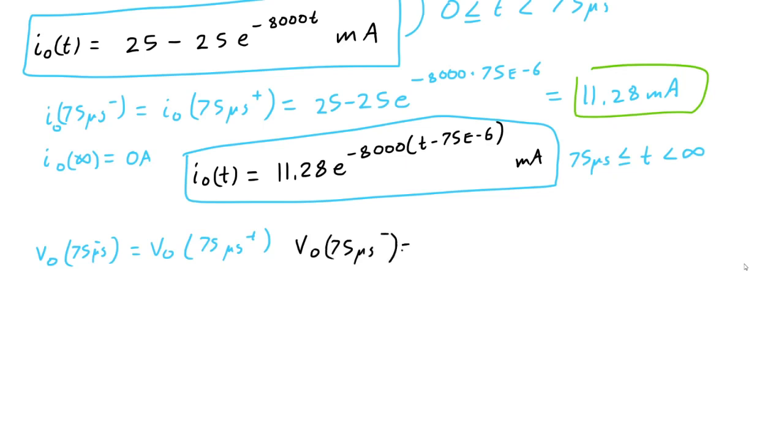It's going to be 50 times e to the minus 8,000 times 75 microseconds, which is 27-ish, say 27.4 volts. So that's going to be immediately before.